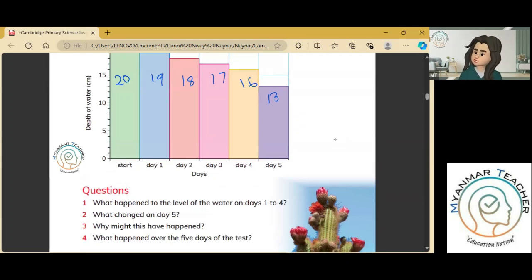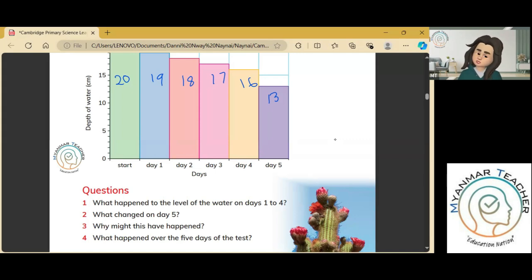What happened to the level of the water on days 1 to 4? On days 1 to 4, the water went down 1 centimeter each day. Number 2, what changed on day 5? On day 5, the water level dropped 3 centimeters in one day. It dropped more quickly than on days 1 to 4.